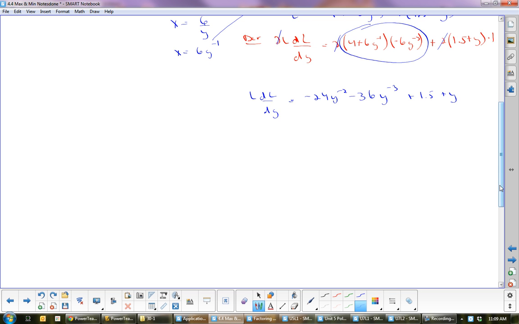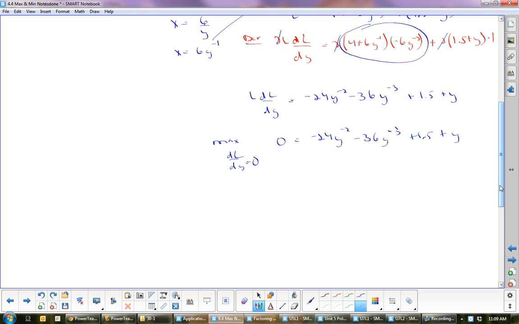Okay, now I'm going to find the max. So for the max, I'm going to make dL over dy equal 0. So then I'll have 0 equals negative 24y to the negative 2 minus 36y to the negative 3 plus 1.5 plus y. I just got to find y.